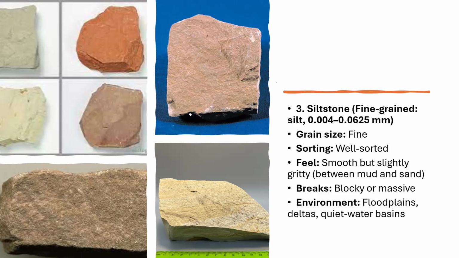Don't forget that you will still feel a little bit of grit if you are trying to feel it with your fingers, but this thing is very, very fine. So that is silt, and it's well sorted. It's still smooth, but slightly gritty, between mud and sand. I hope you understand this.